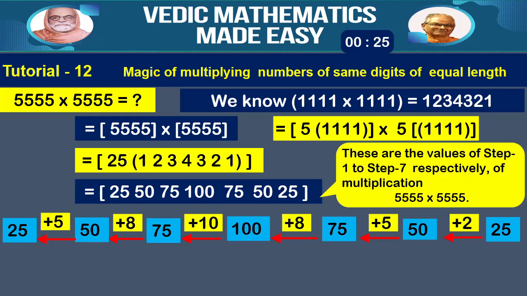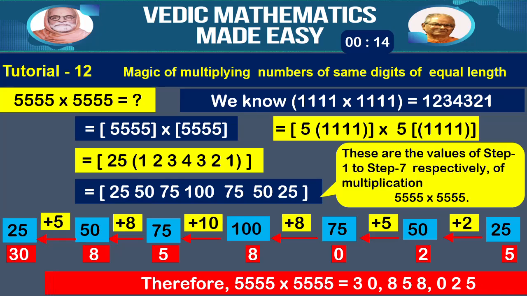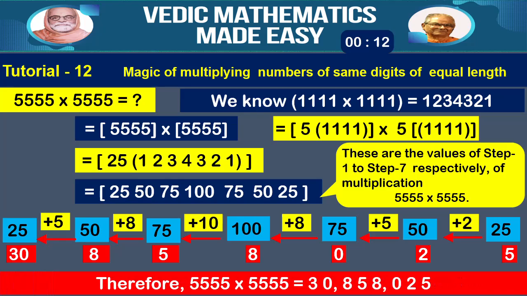Then we get 30, 8, 5, 8, 0, 2, 5. Therefore, 5555 into 5555 is equal to 30858025. Very easy, isn't it, friends?